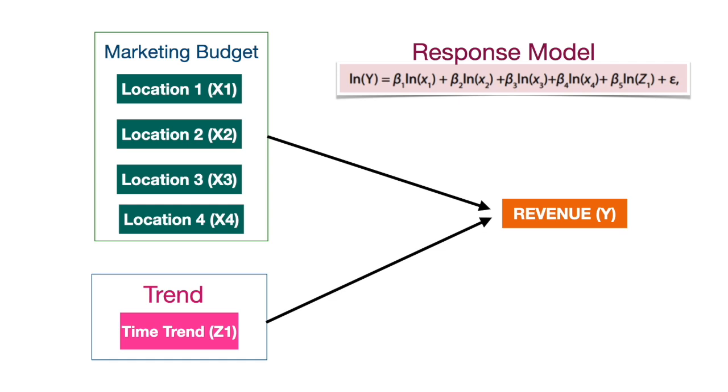In particular, for the case today, we try to investigate the relationship between the marketing efforts for four locations, location 1, 2, 3, and 4, and the company revenue. And at the same time, we also take into account the time factor. Basically, this time factor will consider the natural decline trend in revenue that comes from competition and market change.